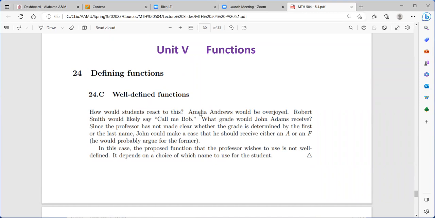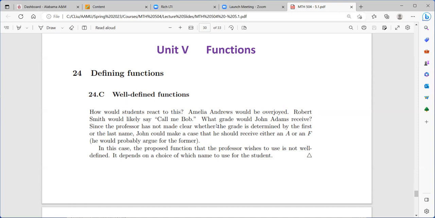The student has both the first name and last name starting with A. So in any way, she will get an A. Robert Smith would like to say, "Call me Bob," so that he will get a B instead of F. Remember, Bob starts with B and Robert starts with R. So according to the rule, Bob will result in a grade of B, but Robert will result in a grade of F. So that always makes some confusion there.